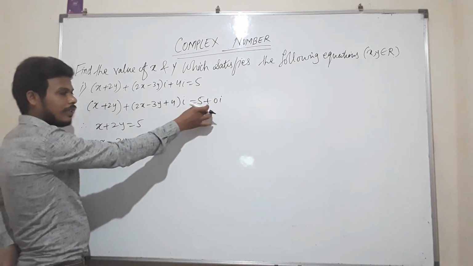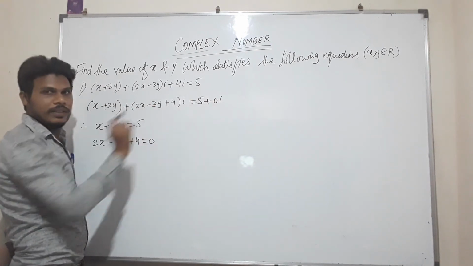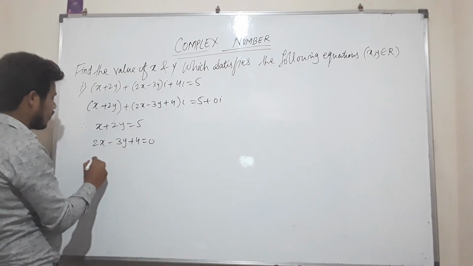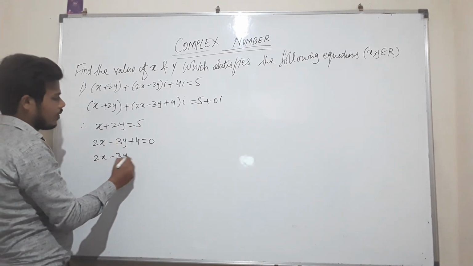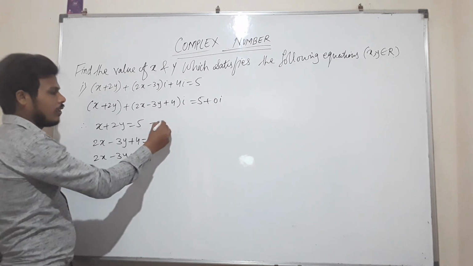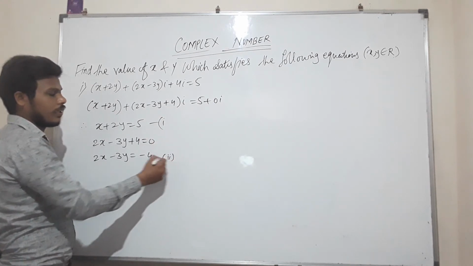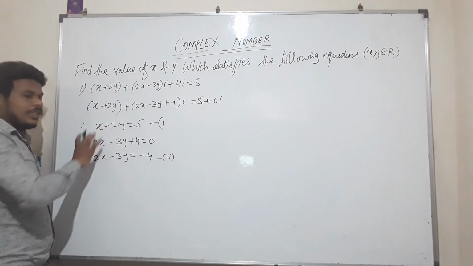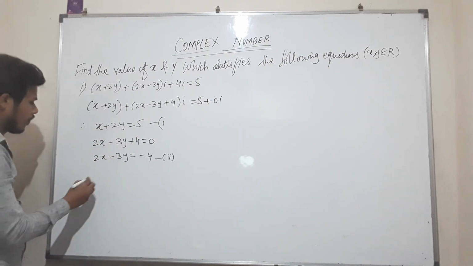Real part with real part and imaginary part with imaginary part. So we can write the second equation as 2x minus 3y is equal to minus 4. This is equation 1 and this is equation 2. Now we will solve these two equations simultaneously.